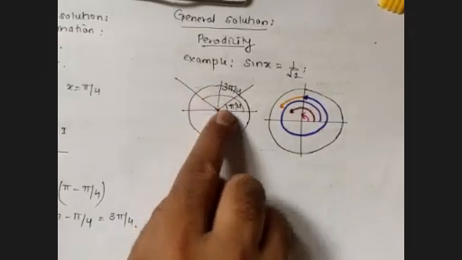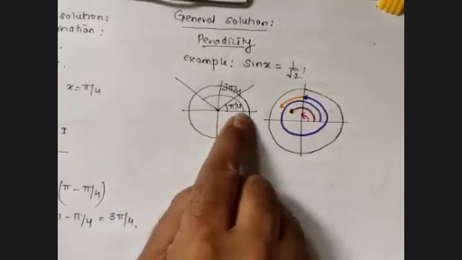Here we are restricted between 0 to 2 pi, only one circle.